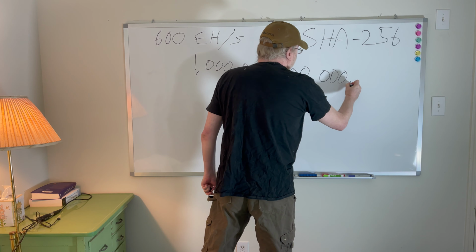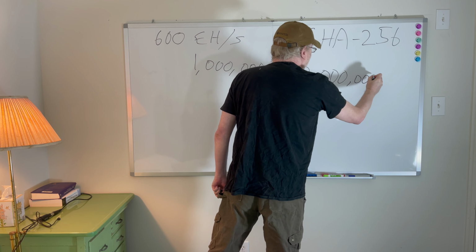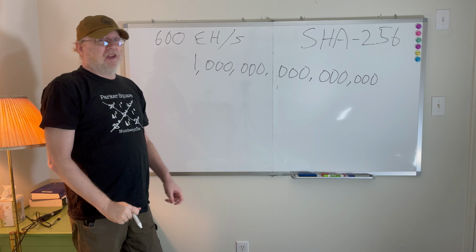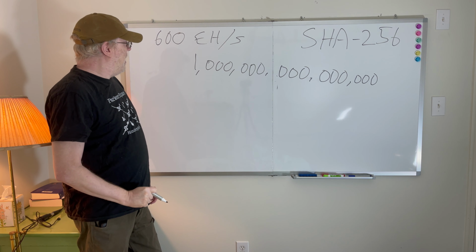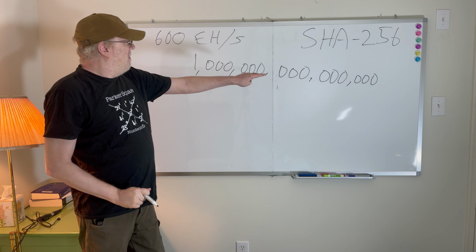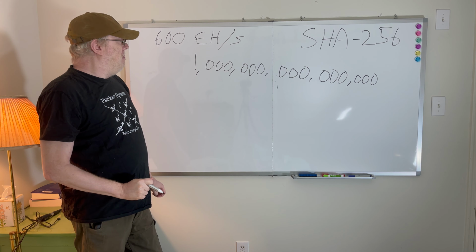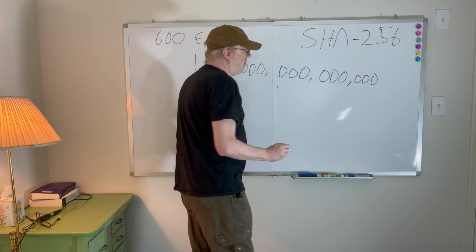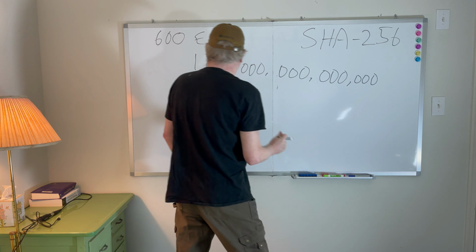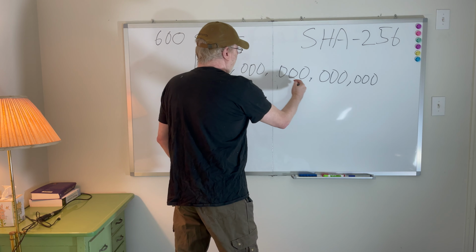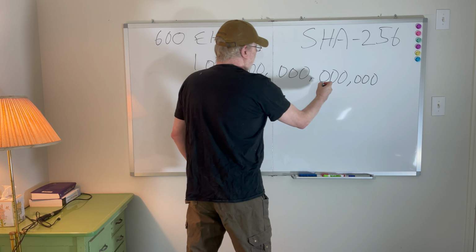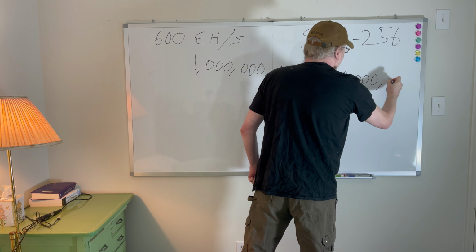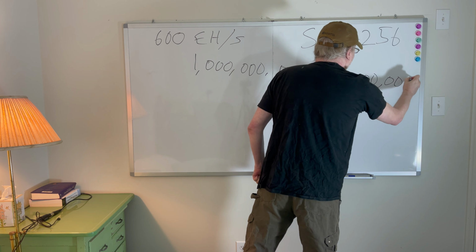There's petahashes, 1,000 times, so we're getting to 1,000 million millions. And then you've got mega, giga, tera, peta, exa.